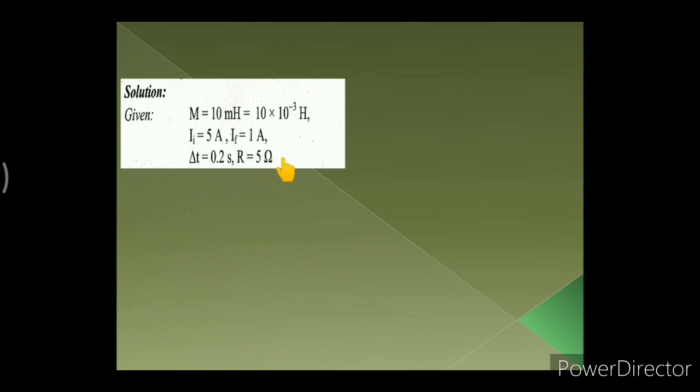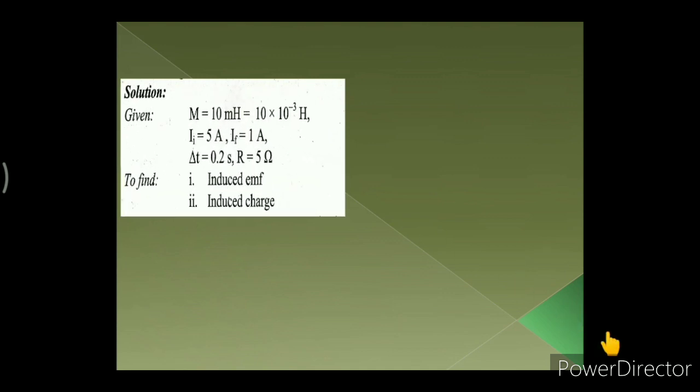Also the resistance is given as 5 ohm. First of all we have to find out how much EMF is induced in the other coil, and what will be the value of the induced charge in a coil for the given resistance.